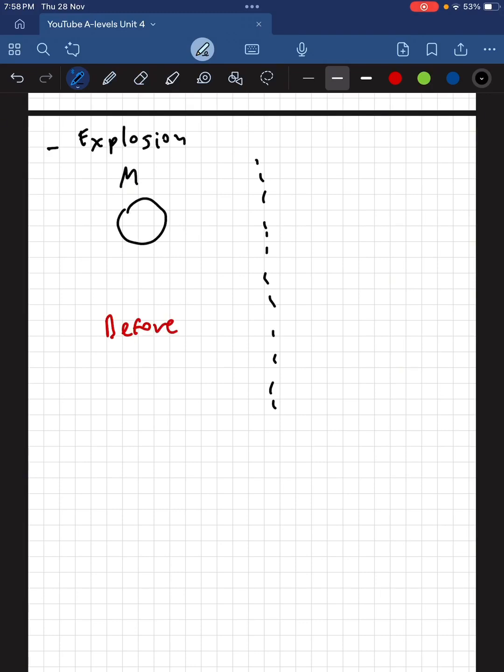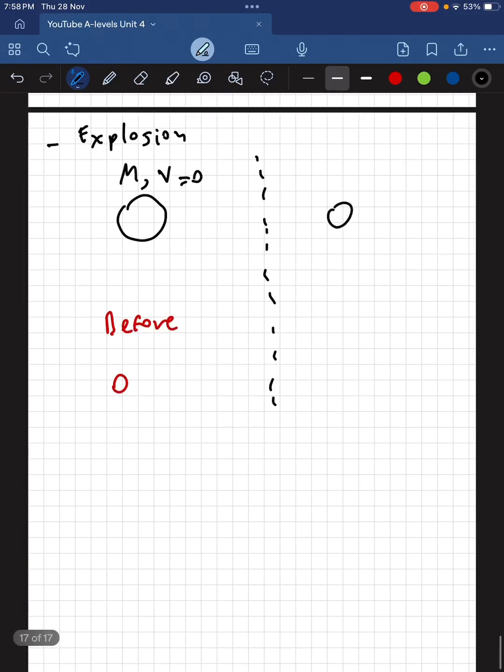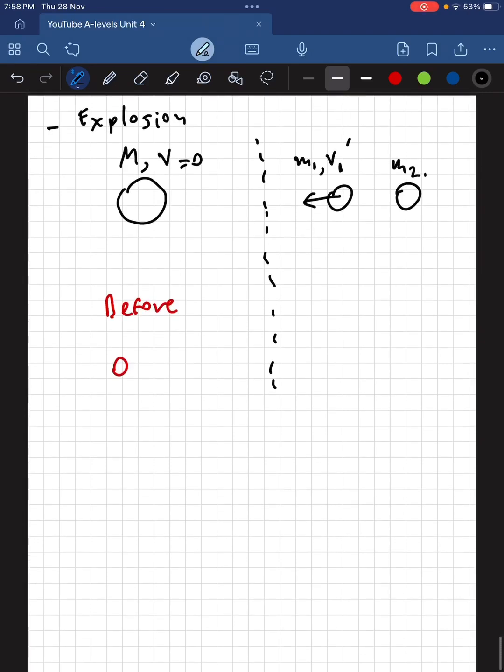It has a mass capital M, and its velocity is 0, so the total momentum before is actually 0. Let's assume that it breaks into two masses: m1 with velocity v1 prime to the left, and another mass m2 with velocity v2 prime to the right.